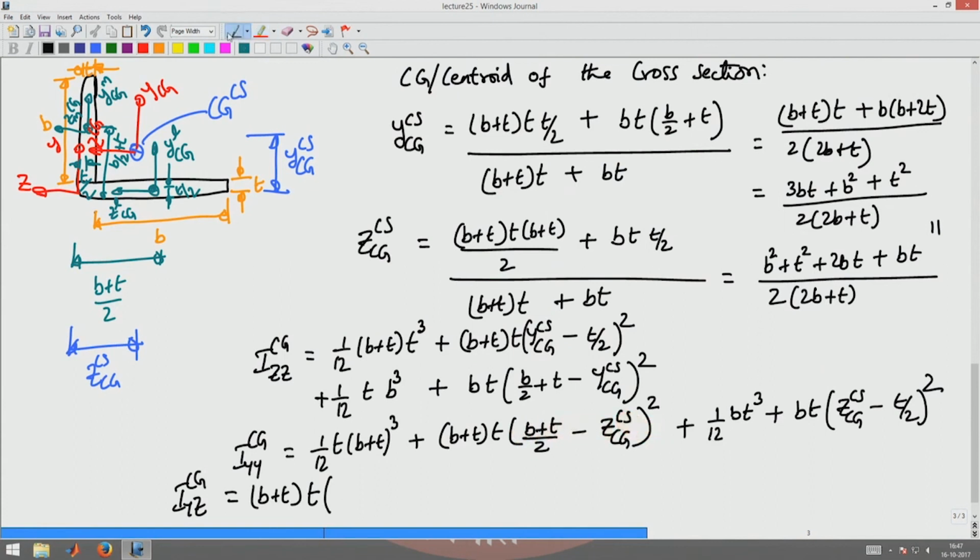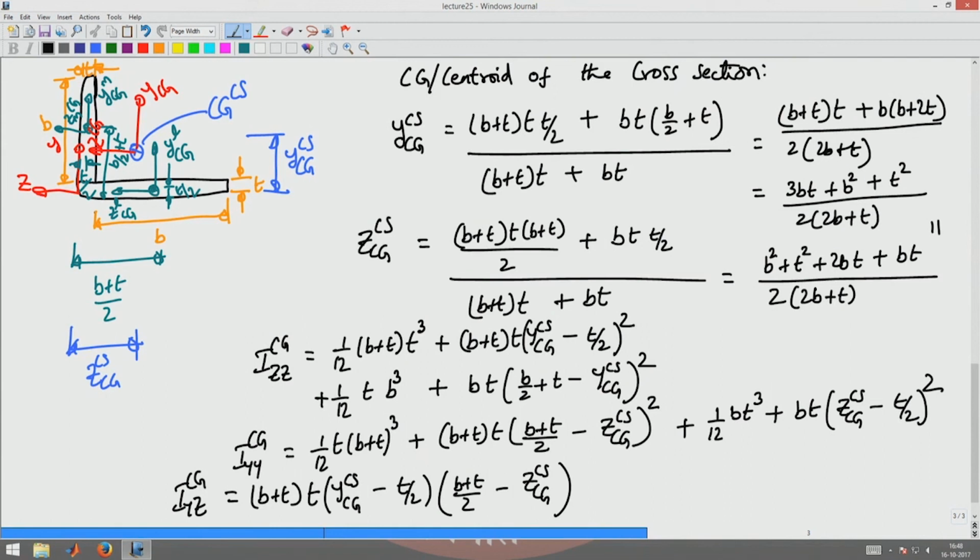So, basically that will be (y cross section CG minus T by 2) into ((B plus T) by 2 minus Z cross section CS), okay. Now, should this be positive or negative is the question. Both the shifts are in the negative y direction and in the negative z direction. So, negative will balance out to give a positive value, okay.